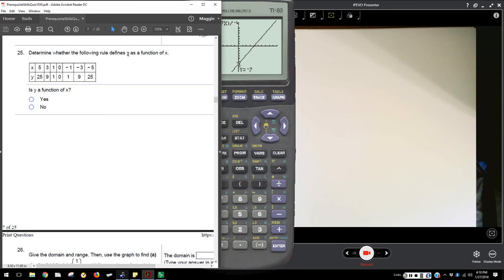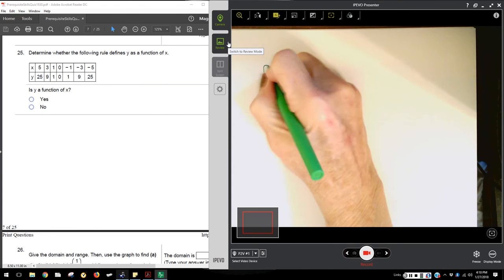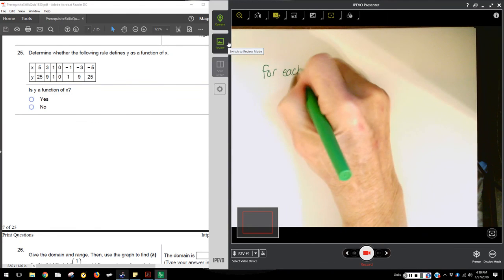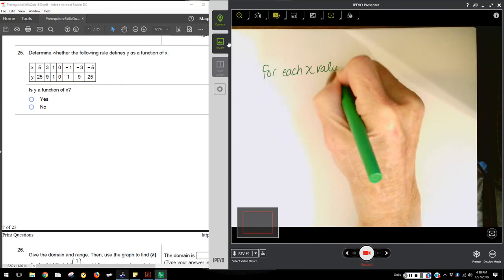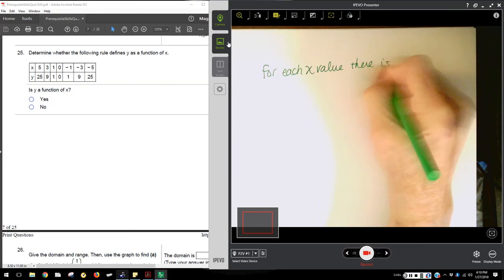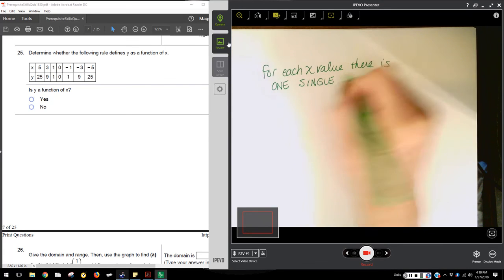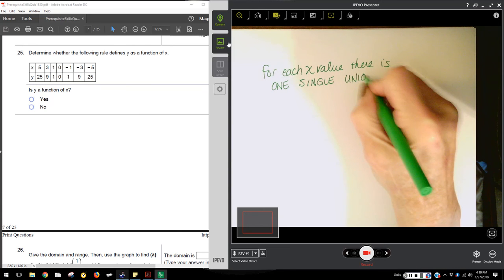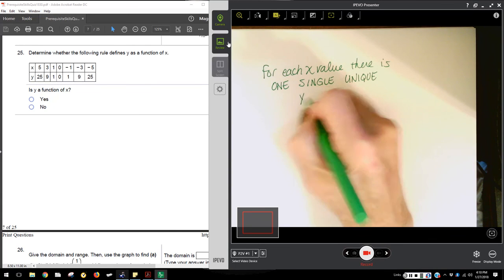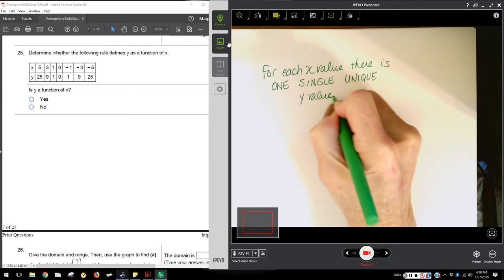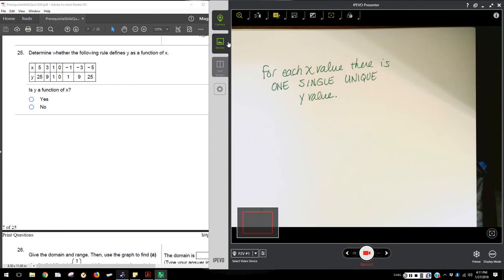And the thing that you need to remember here is that the definition of a function says for each x value, there is one single unique y value.